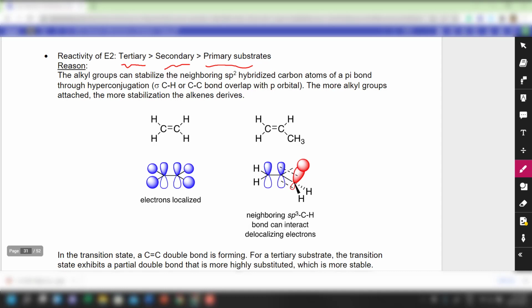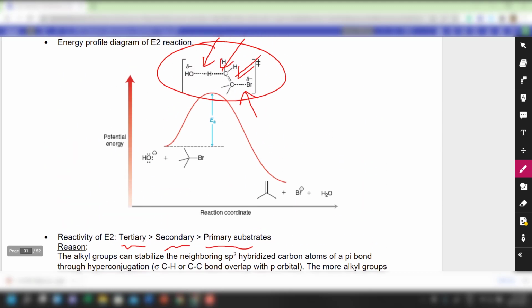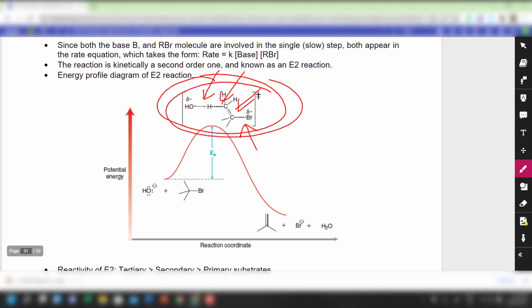Yeah, so in our case here, this is just an alkene, but this is what we call a mono-substituted alkene. So if we have another H being substituted, it's di-substituted, followed by tri-substituted, and followed by tetra-substituted. So the greater the substitution of the alkene, the more stabilized is the alkene, and therefore you would expect the transition state leading to the alkene to be more stabilized as well.